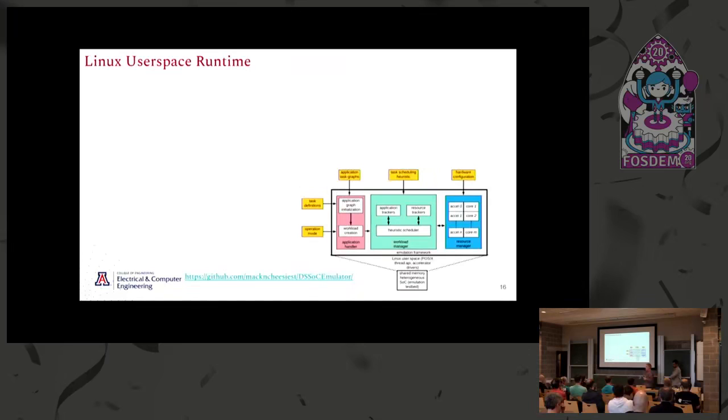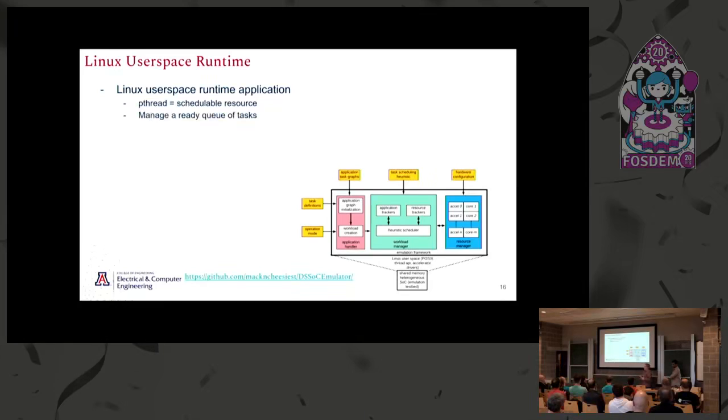And then to run this application, we could try and target Linux directly, but it was more advantageous for us getting started to use a user space-based application runtime. And so the way this ends up working is we essentially allocate pthreads to count as schedulable resources in our DSOC system.